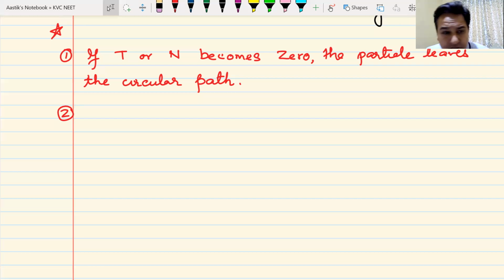I've shown you the upper half, lower half, A, B, C, D. Anyone with an answer? I cannot wait till eternity. Where do you think T or N can become zero?